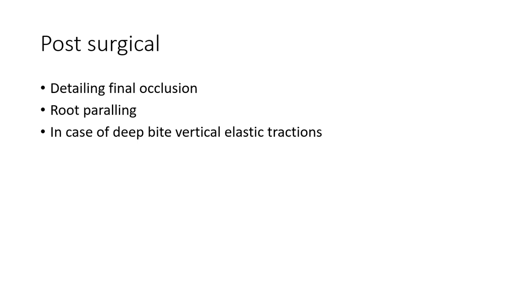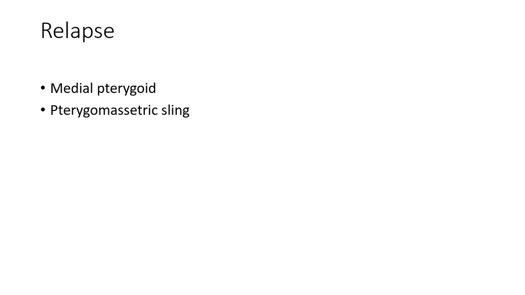After that surgery, we should consider the post-surgical detailing of the occlusion, root paralleling, and after surgery the post-surgical orthodontics is done. Vertical elastics should be used in case any deep bite is retained.